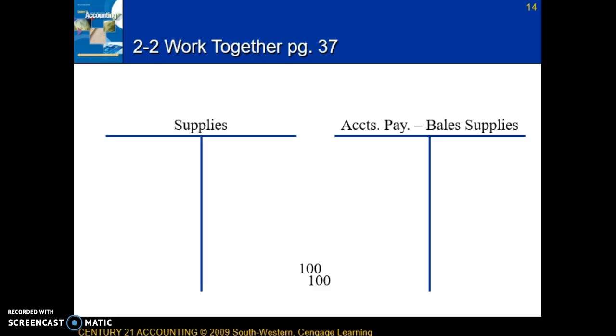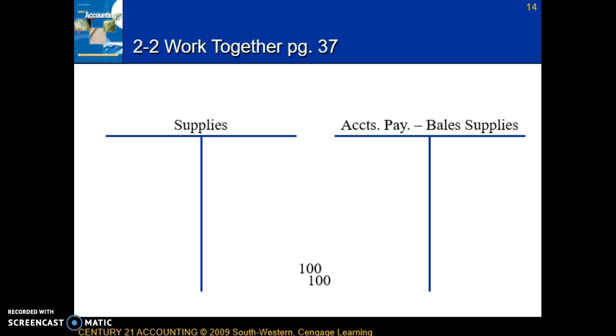On August 6th, we bought supplies on account from Bales Supplies, $100. Our 2 accounts that are going to be affected are supplies and then accounts payable, Bales Supply. Notice how I have abbreviated accounts payable. That is the correct way to write it. Now, supplies is an asset and accounts payable is a liability.